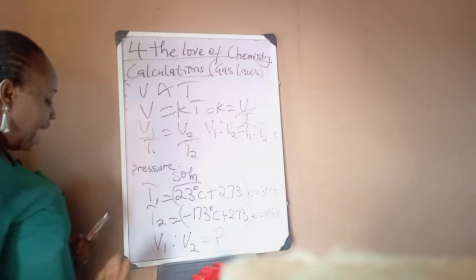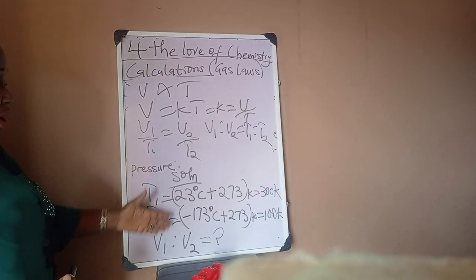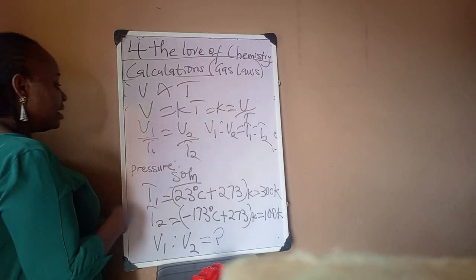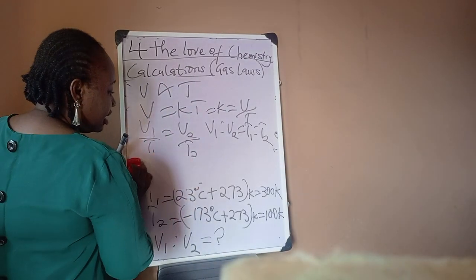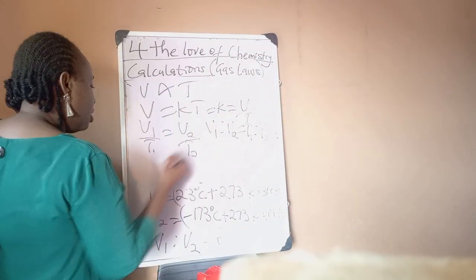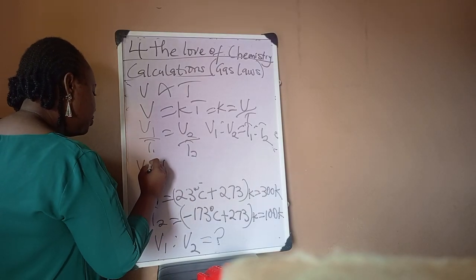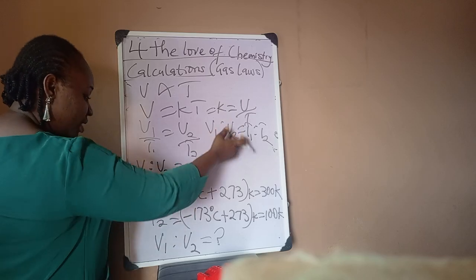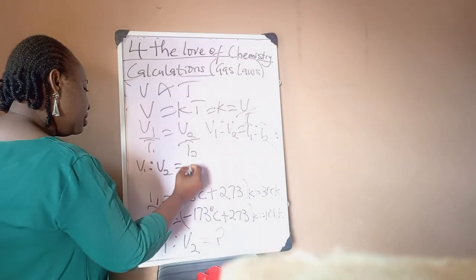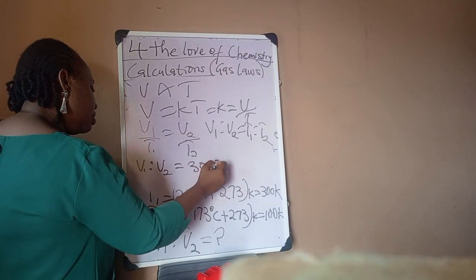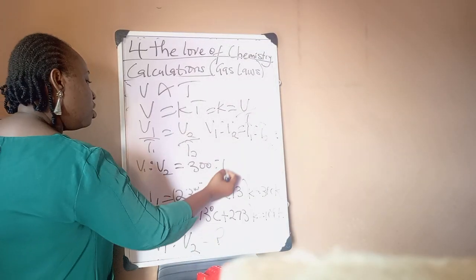So now we are given just T1 and T2. Let's fill in our parameters. V1 is to V2 is equal to, what is our T1? T1 is 300, is to, what is our T2? 100.